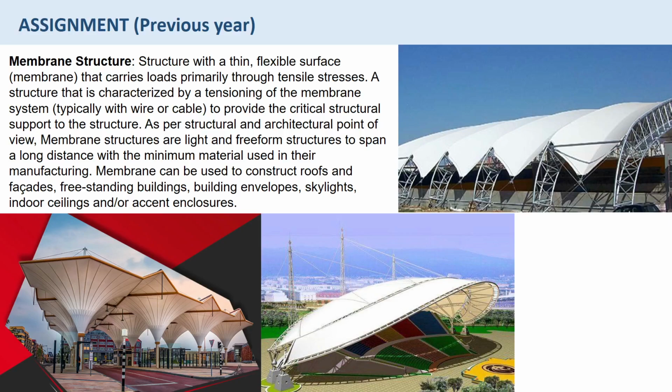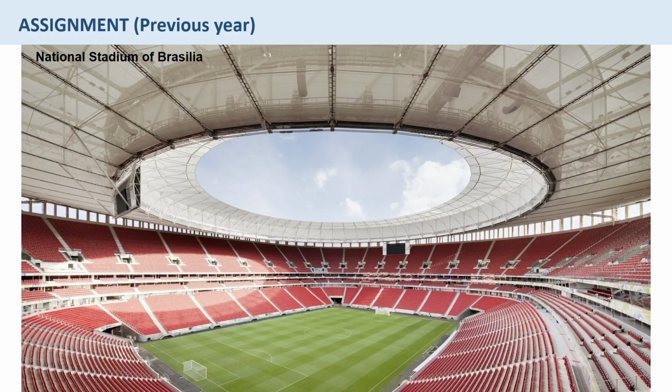Membrane structures are structures with a thin flexible surface, or a membrane, which carries loads primarily through tension. It is characterized by tensioning of the membrane system, typically with a wire or cable, to provide the critical structural support to the structure. From a structural and architectural point of view, membrane structures are light and free-form structures that span a long distance with the minimum material used in their manufacturing. Membrane can be used to construct roofs and facades, freestanding buildings, building envelopes, skylights, indoor ceilings and accent enclosures.